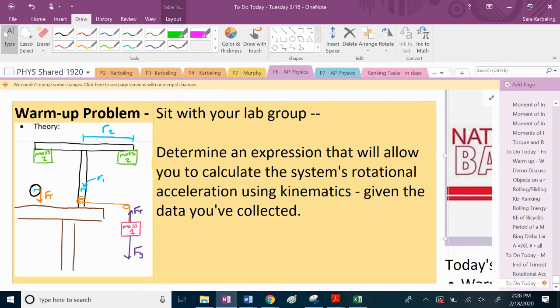So we're looking at it from a purely kinematic perspective. Remember yesterday we talked about how mass 1 is moving down. That's the acceleration that is related to the rotational acceleration and the data you collected. Once you've got that expression, then I'll let you know that it's fine to go back to a lab station and get started.